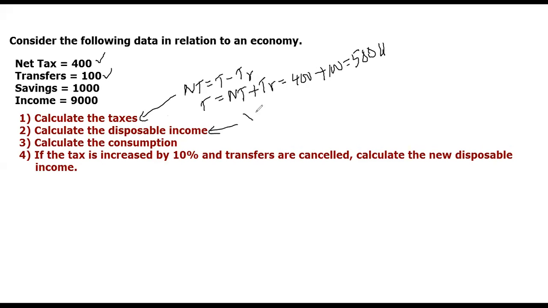Disposable income, YD is Y minus net tax. What is Y? 9,000. Net tax 400. 8,600.